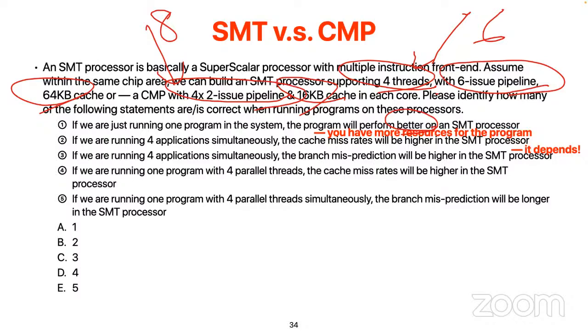How about the third one? If we are running 4 applications simultaneously, the misprediction rate will be higher in the SMT processor. And branch misprediction, when you context switch, do you get the same?